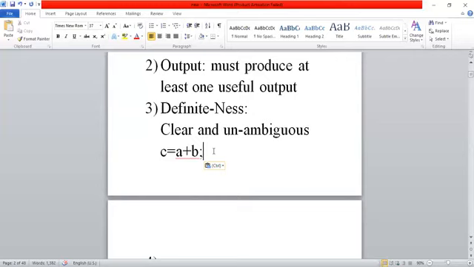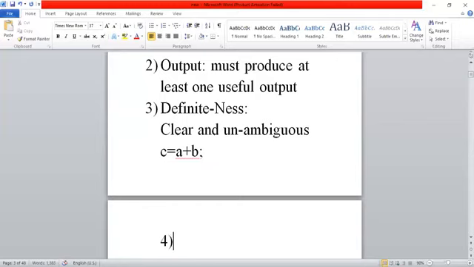Such statements you are supposed to include in your algorithm. The statement must be clear, understandable, and unambiguous. There should be no more than one meaning for each statement. Is it clear? So this is the third property.